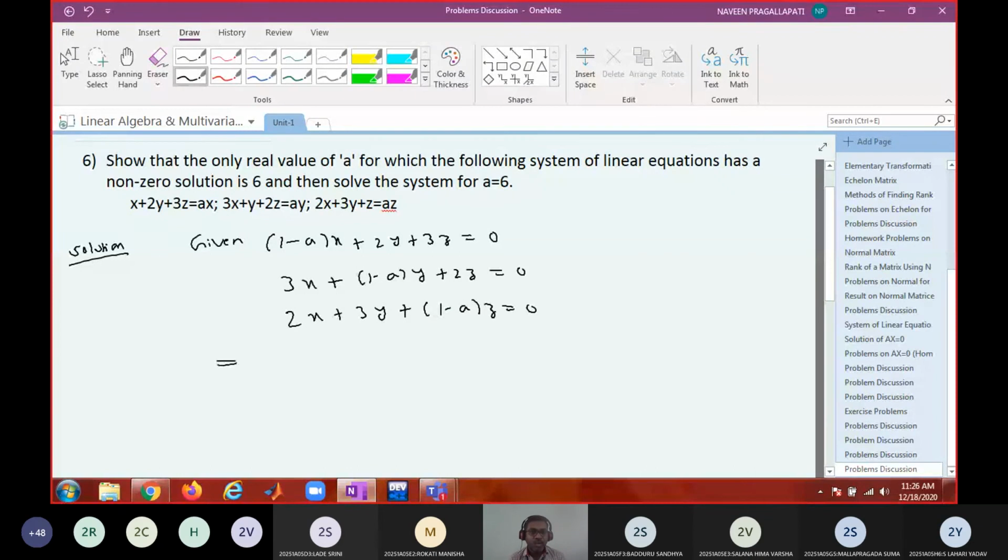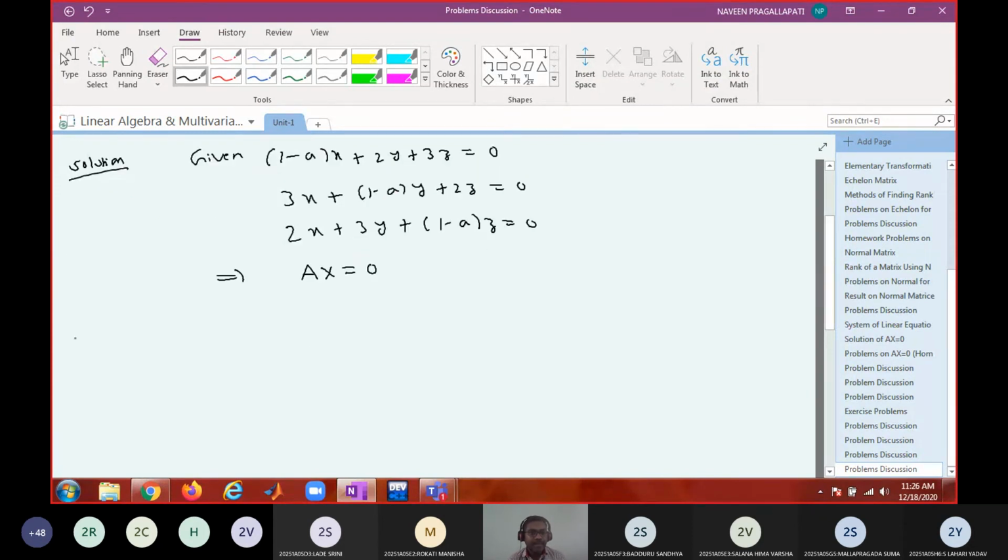That means it is actually a homogeneous system. Okay, so that is also sometimes to be observed carefully. So the coefficient matrix A is [1 minus a, 2, 3; 3, 1 minus a, 2; 2, 3, 1 minus a].